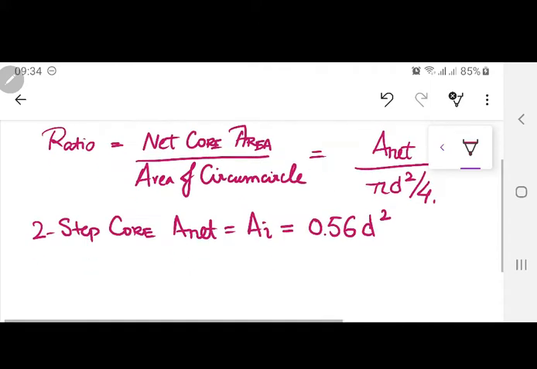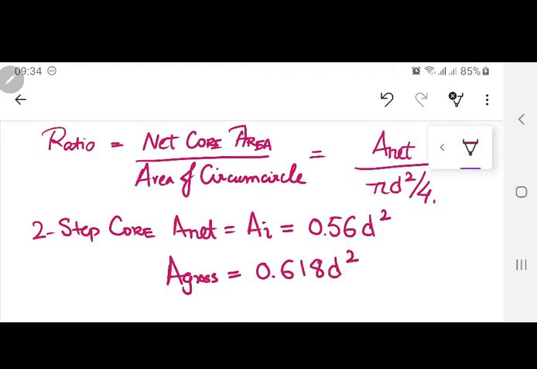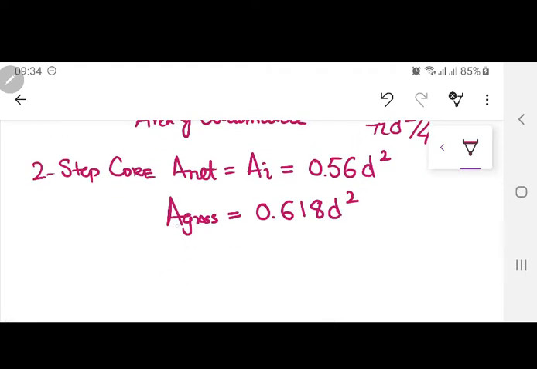And the total gross area, or you can call it AG, was equal to, taking it from here, 0.618 d square. Now when you convert this gross area into the net area, you multiply the gross area AG by 0.9, where this 0.9 is the stacking factor which I told you.